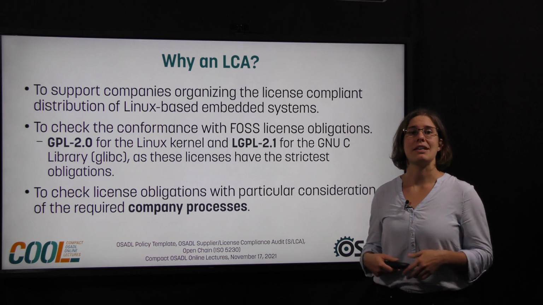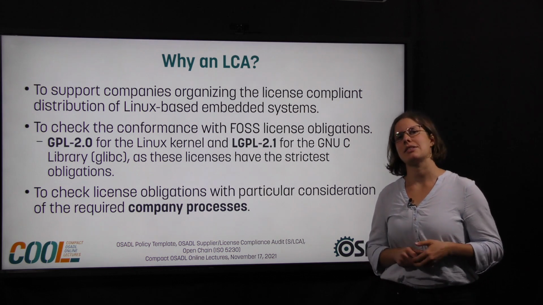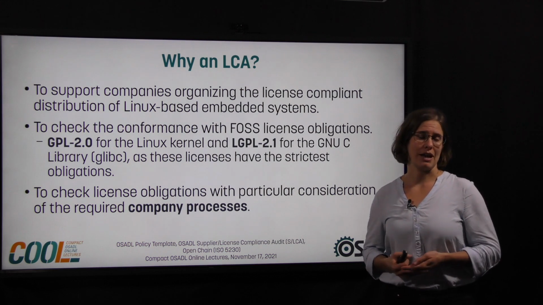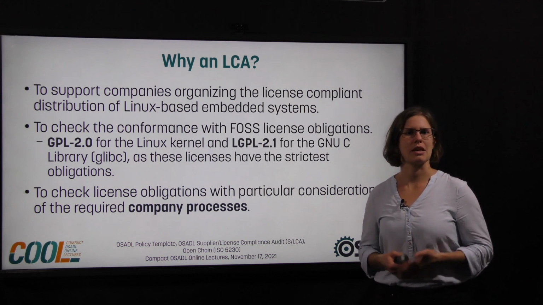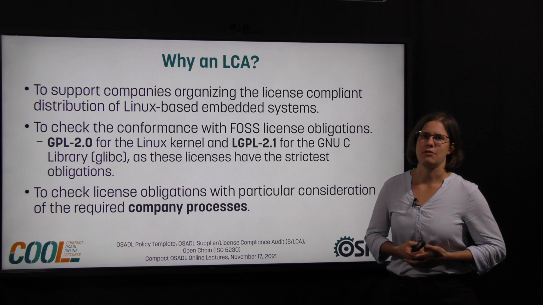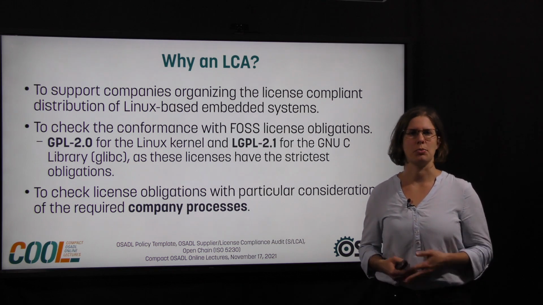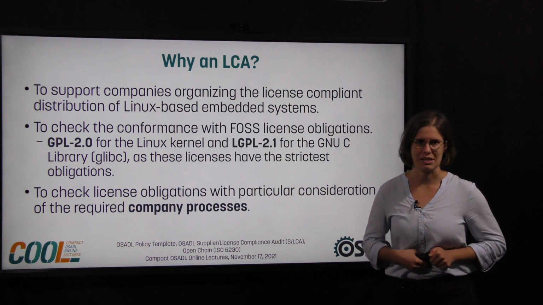Also, these two licenses are some of the strictest licenses that we encounter in projects, and when it is made sure that the license obligations for these licenses are fulfilled, it is fairly certain that the license obligations for all other licenses can also be fulfilled by using the same processes.